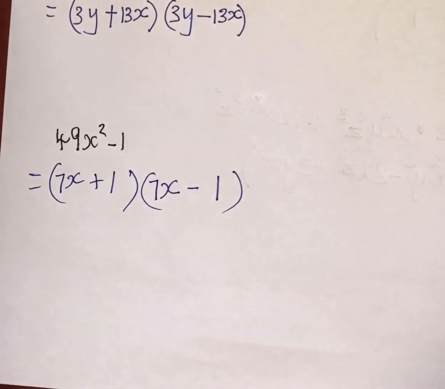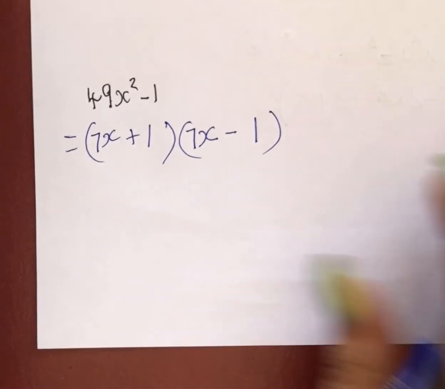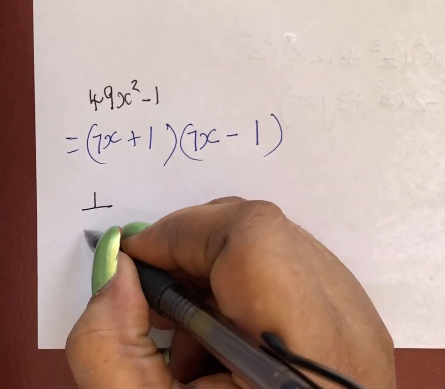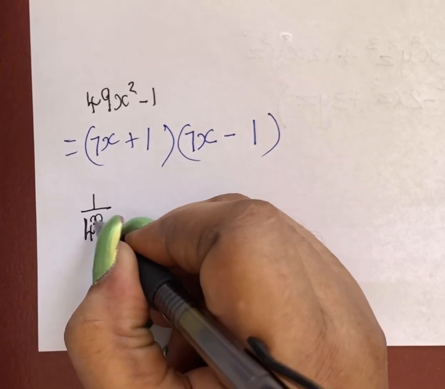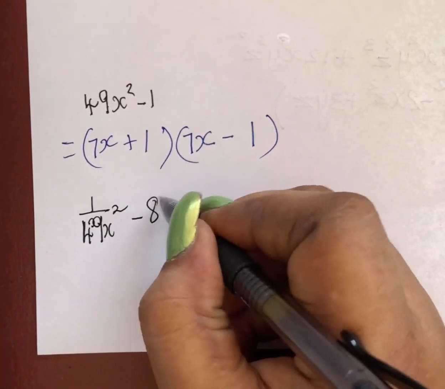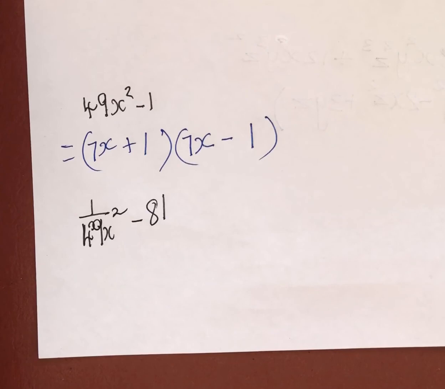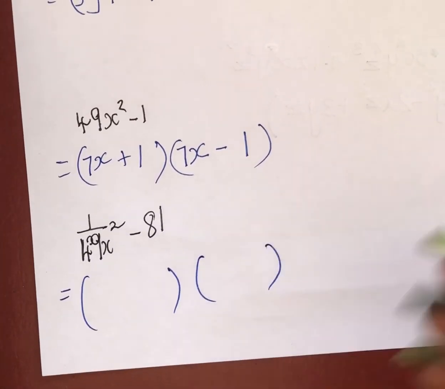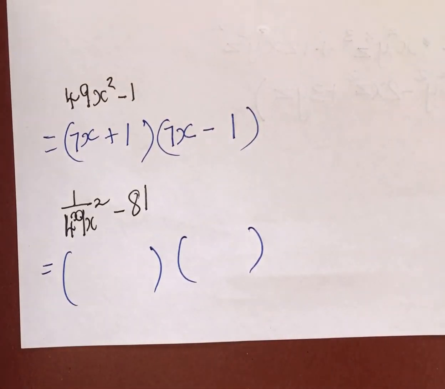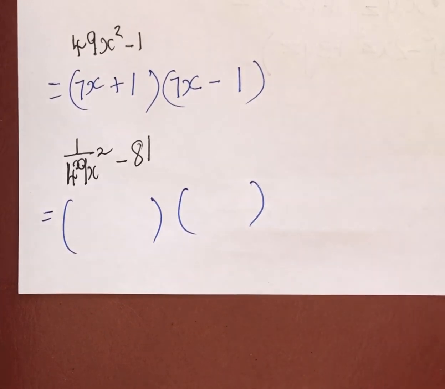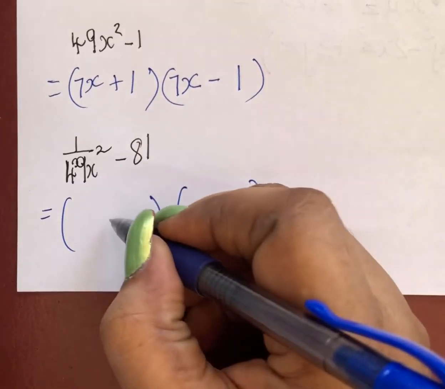All right, we can also answer questions that are in fractional form. Let us take one more question. Say we have the fraction 1 over 49x squared, subtract 81.